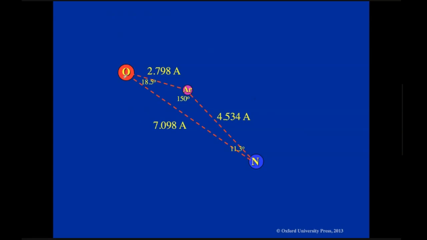So if any other molecule has the same oxygen atom at this position, the same aromatic ring at this position, and the same nitrogen at this position, with the same spatial relationship, in the sense that the distance between O and AR is 2.798, AR to N is 4.534, and O to N is 7.098, and the angles between them are 18.5, 150, and 11.3, then we can say that both molecules, say morphine and another molecule X, share the same pharmacophore features at the same three-dimensional position.